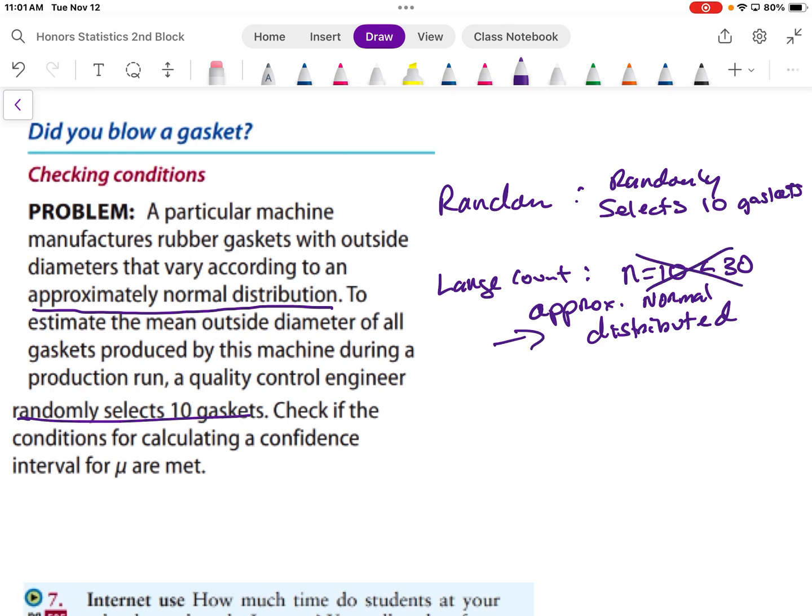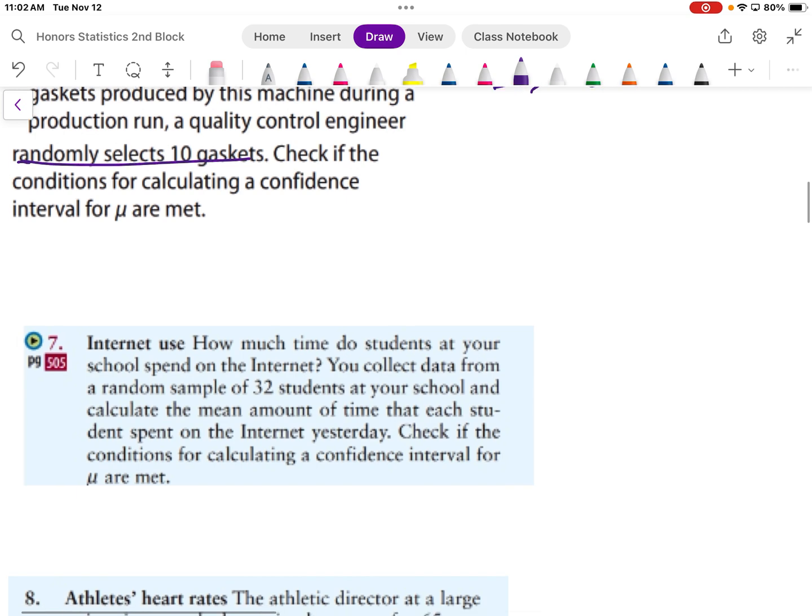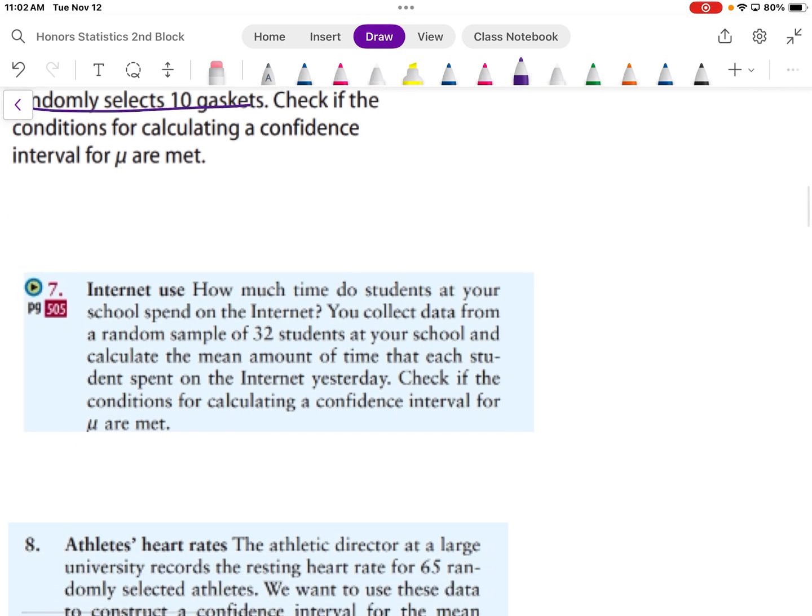This lets us know that we meet the conditions for large count. So we can go ahead and calculate the confidence interval. On the next one, real quickly, do we meet the two conditions, random and large count?